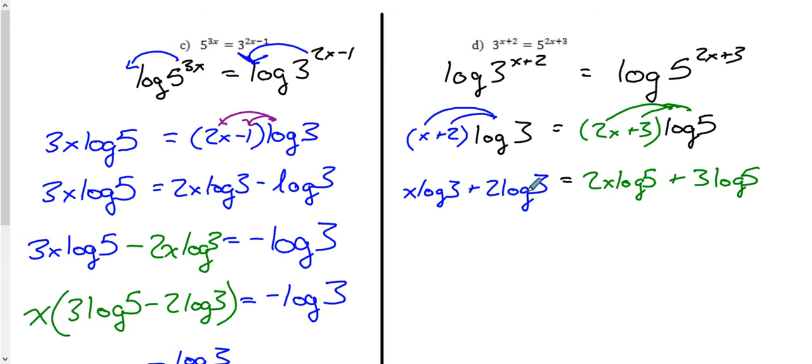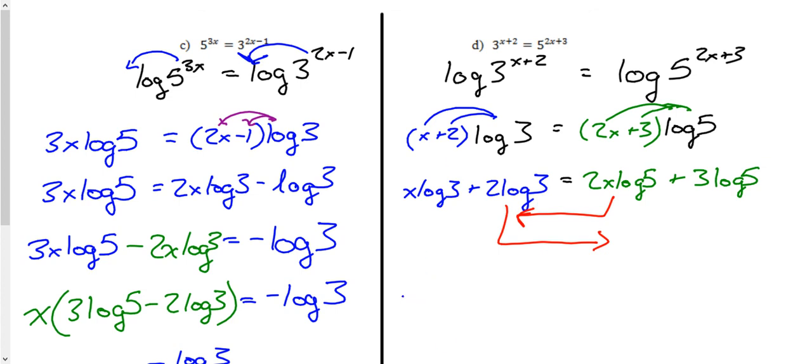And now again, I want to try to get all my x's to one side and all my other numbers to the other. So here's what I'm going to do. I'm going to move this 2x log 5 all to the left. And that means this one here, this number without any variable, I'm going to move this log to the right.